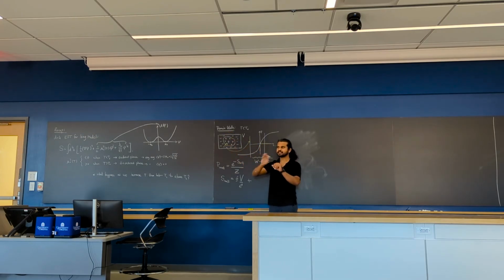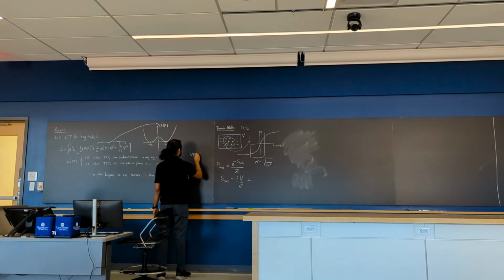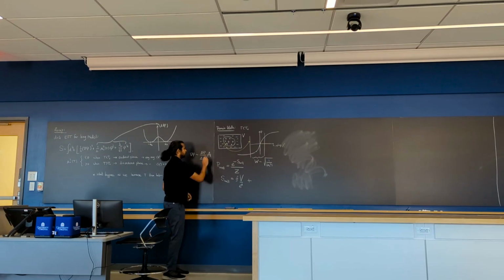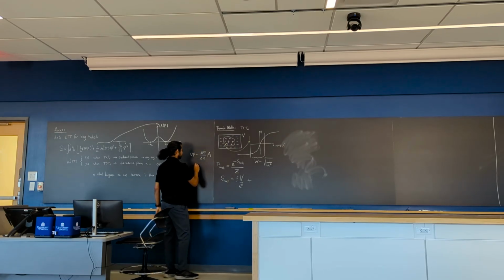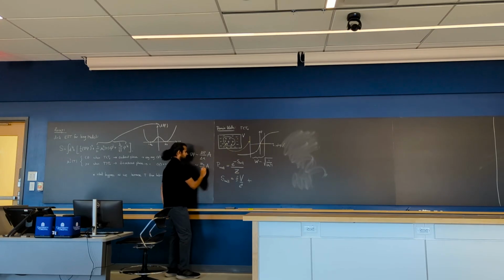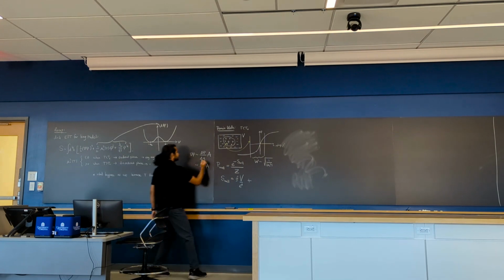So grad phi is like delta phi by delta x along the yellow line, but times a, which is the area of the boundary line, and delta phi is nothing but m0, and delta x is nothing but the width w.